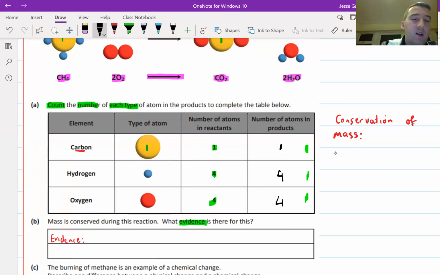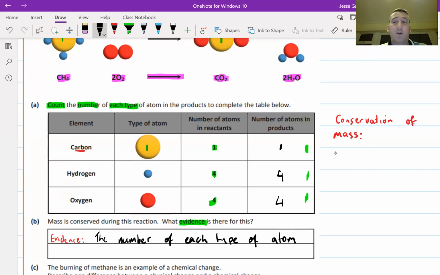So how would we say that? We would say the number of each type of atom. Okay, so again, if you weren't able to do this, pause the video and finish this sentence now.